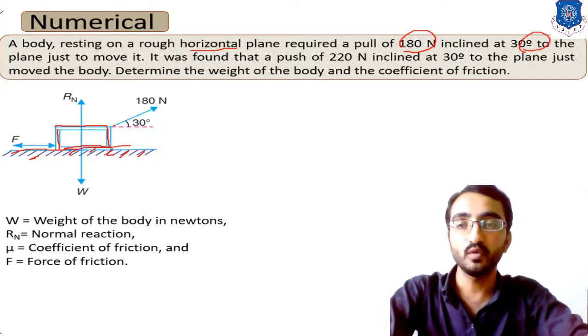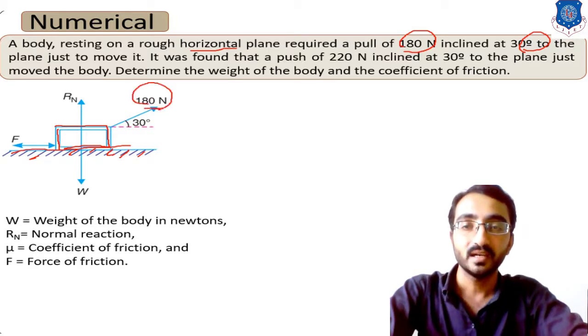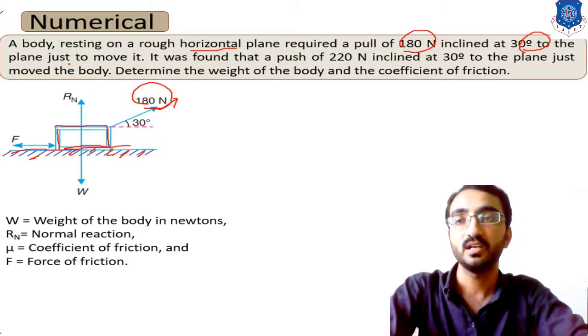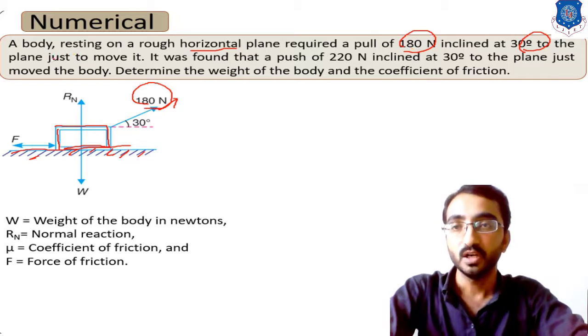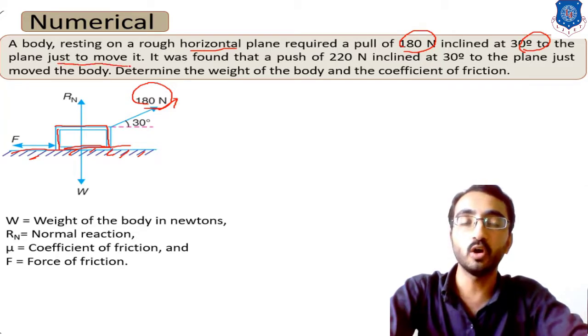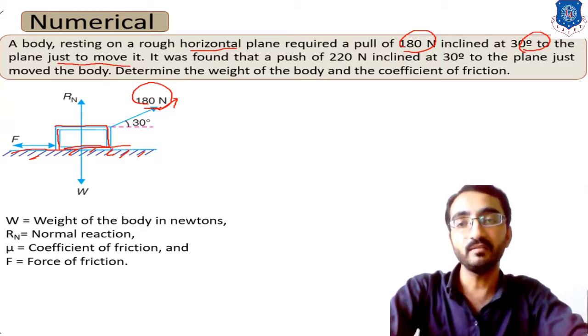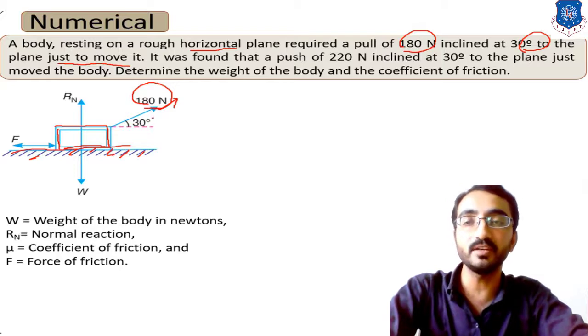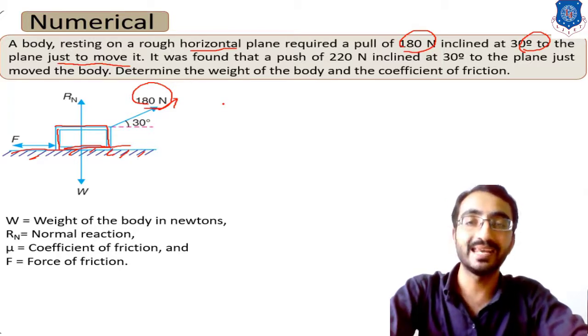So we can sketch it like this: the 180 Newton pull force acts on this body at 30 degrees with the horizontal surface. With the help of this 180 Newton force we can move the body, or we can say the body will just start to move. So when we apply this 180 Newton, the body will move in the horizontal direction.